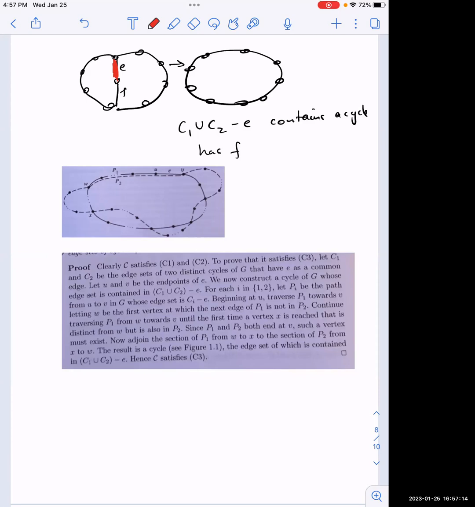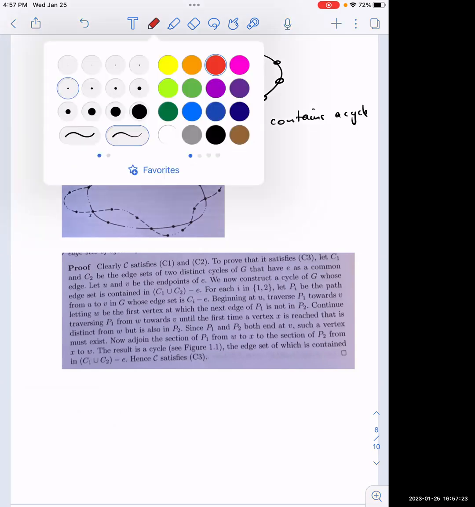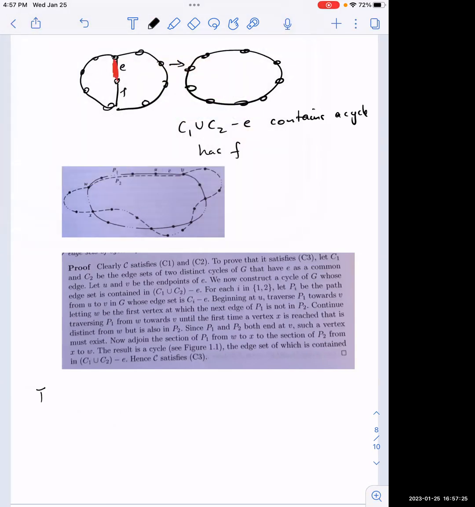We're following Oxley's book. This is a picture from Oxley's book, and this matroid is called the cycle matroid of a graph. It's denoted by M(G).